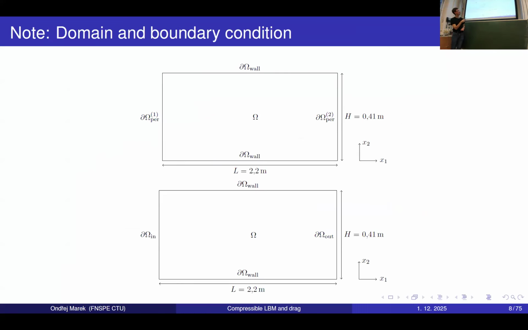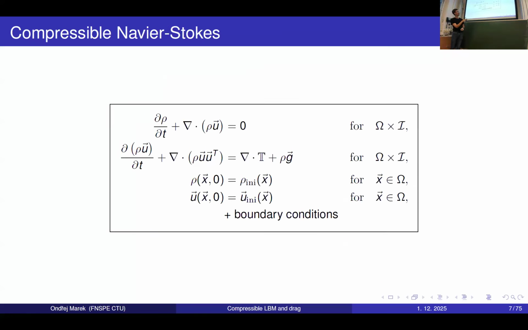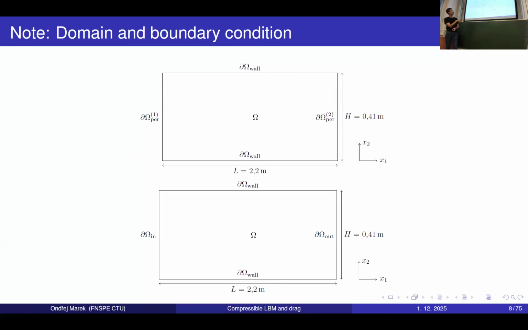Both of the setups I have been using are channels. As for the boundary conditions, this is basically a wall on the bottom and on the top in 2D, and a periodic condition for the convergence studies, or inflow and outflow for the drag and lift.